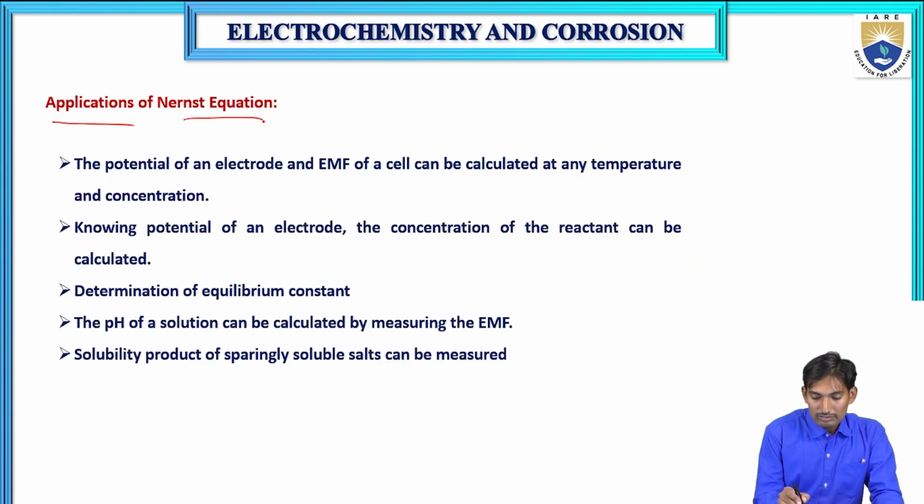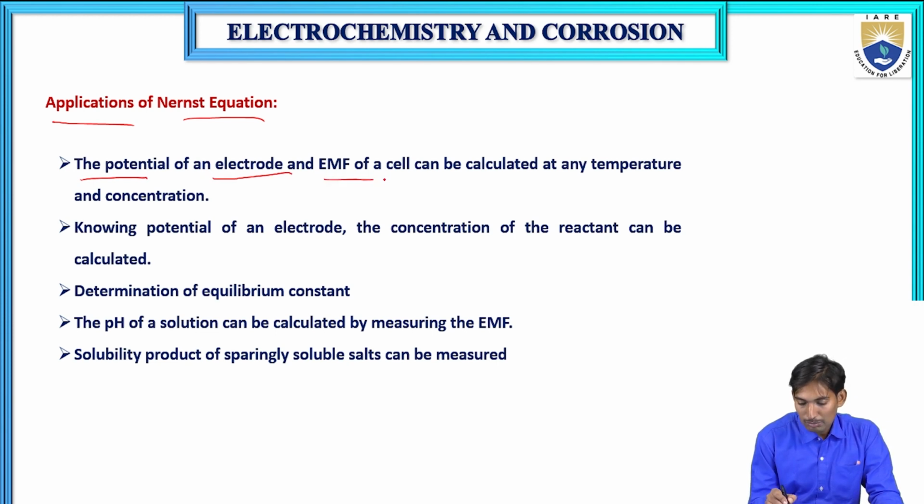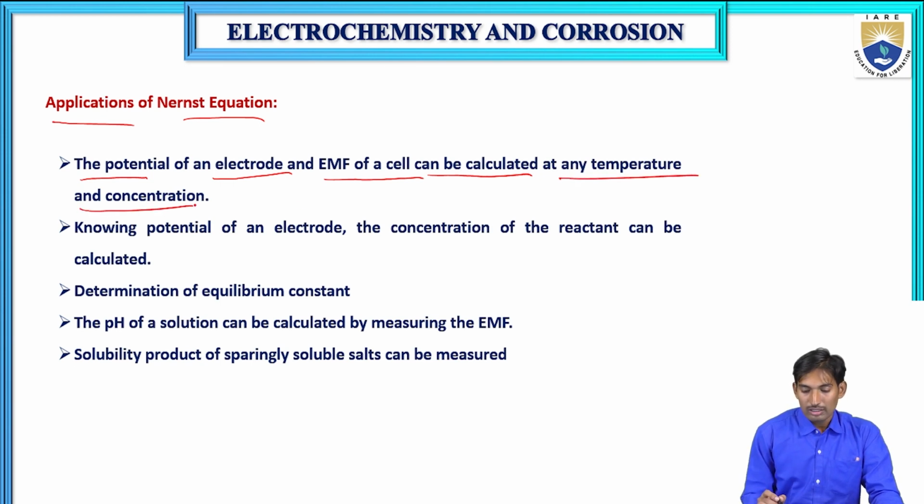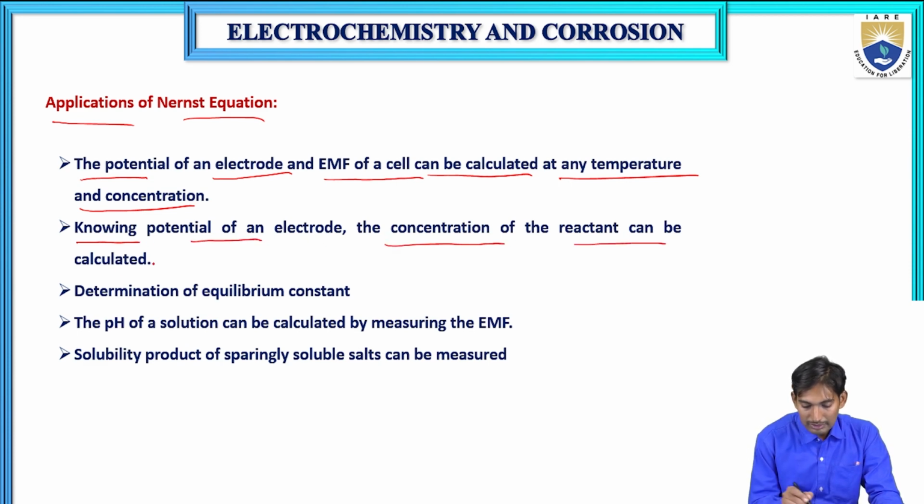Applications of the Nernst equation. The potential of an electrode and the EMF of a cell can be calculated at any temperature and at any concentration of electrolyte solution. Knowing the potential of an electrode, the concentration of the reactant can be calculated.